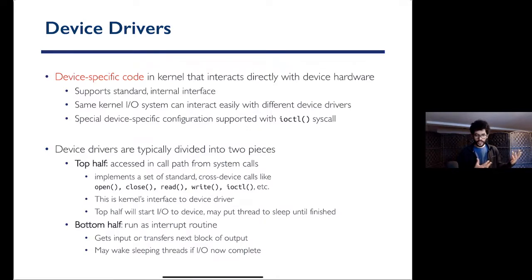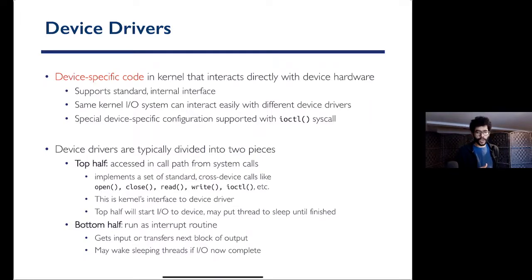Now the device goes and does that, and once it's done, it raises an interrupt that I'm done with what you told me. At this point, the bottom half of the device driver wakes up. Upon receiving the interrupt, the kernel calls the bottom half of the device driver, and the bottom half basically does the housekeeping: now that the service has been delivered, what should I do?